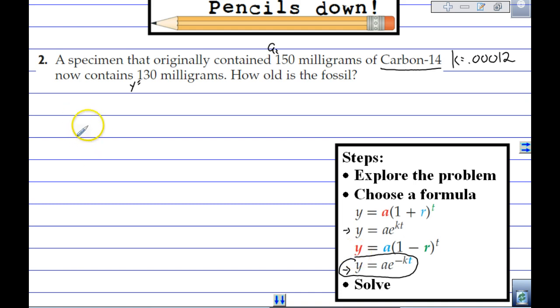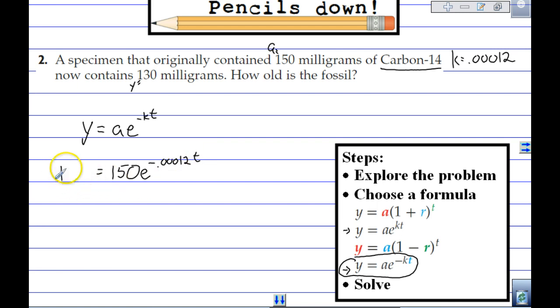So let's write this down and plug all our values in. We know 150. We know K is now going to be negative 0.00012. T, we don't know, time.